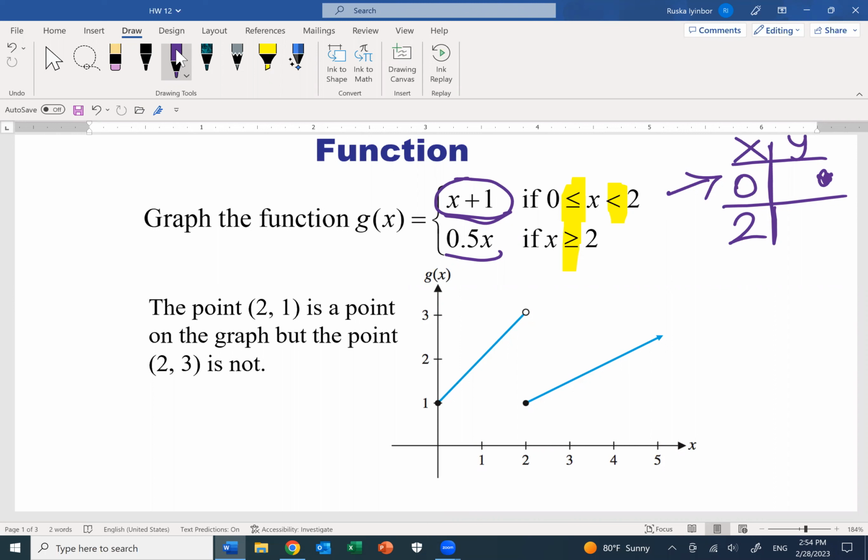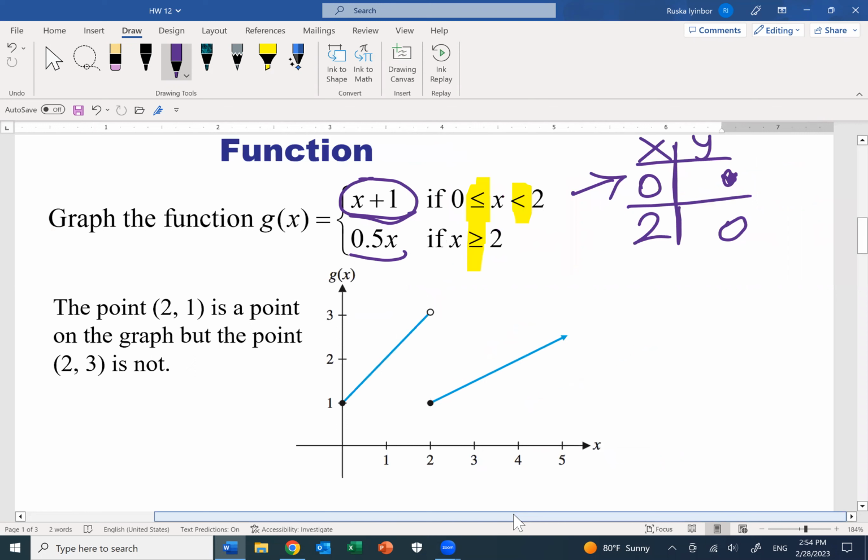And because x is less than 2, the 2 is going to be an open circle on the graph. Open circle means we're not including that point on the line.